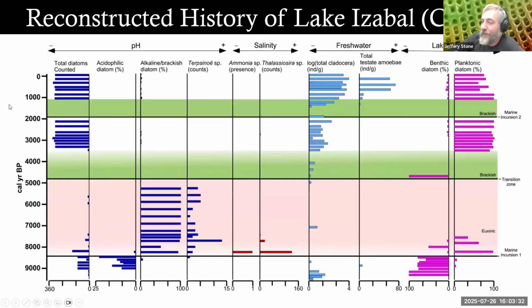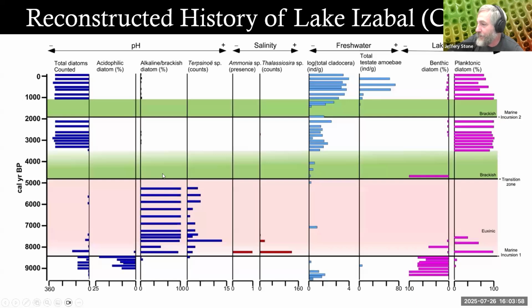And when we reconstruct the history of Lake Isabel, this is basically the pattern that we observed from core 5. So at the base, lake level was low. Lake level rose suddenly. There was a transition to increased salinity and a decrease in freshwater diatoms. They became brackish and dominated by high alkaline conditions, as opposed to the early acidophilic diatoms that we saw.